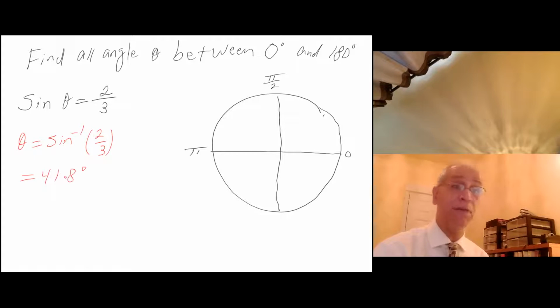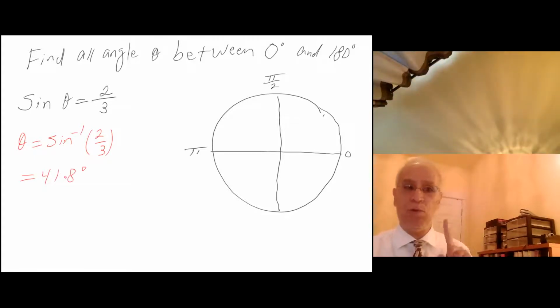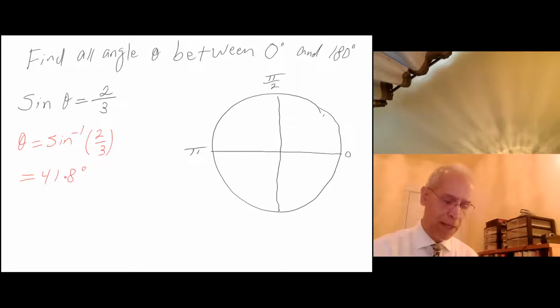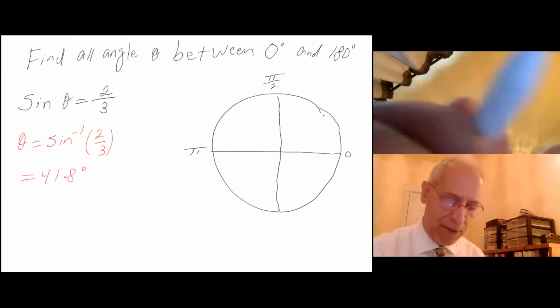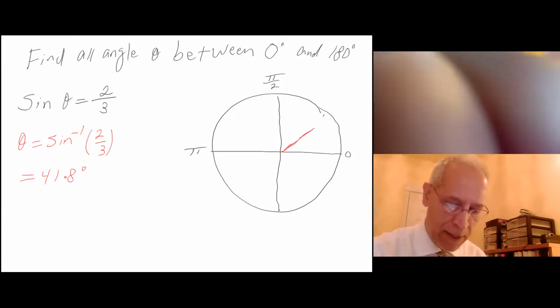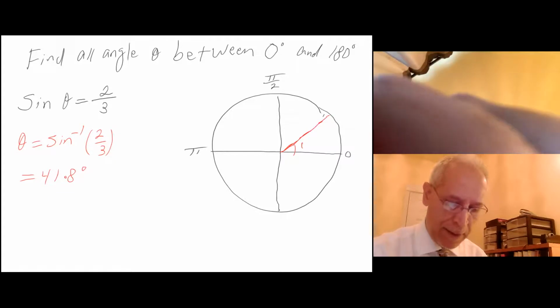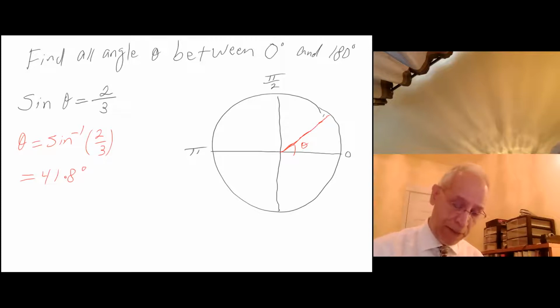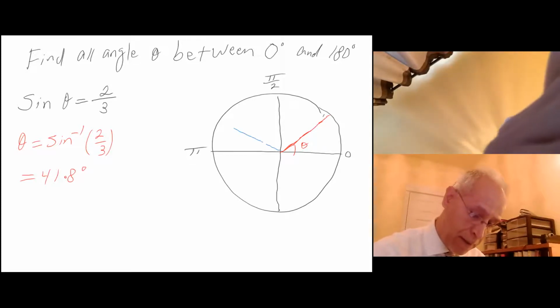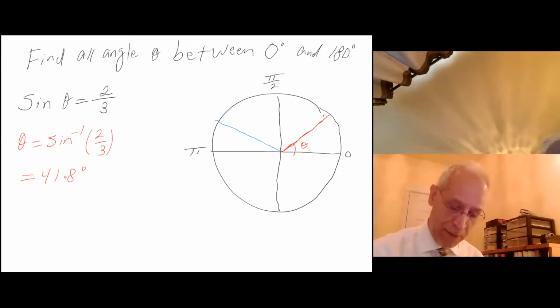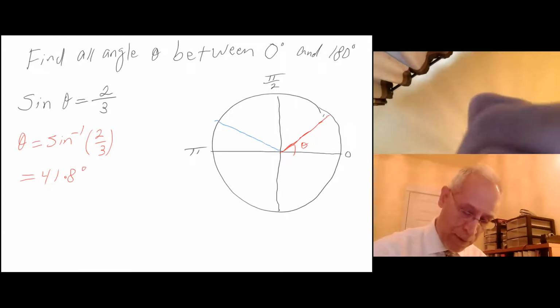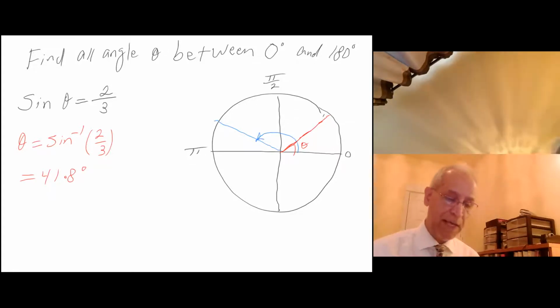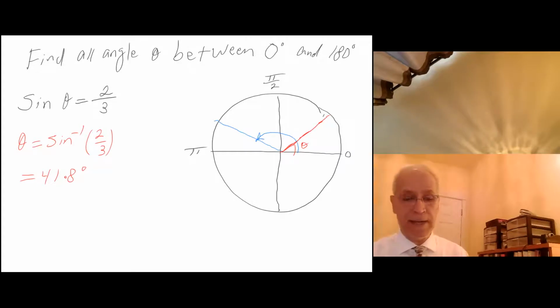By the way, the instruction is to round to 1 decimal. So where is this 41.8 degrees? It's somewhere in here. Notice that between 0 and 180 degrees, there is another theta in here, in blue, that would give me the same sine value.